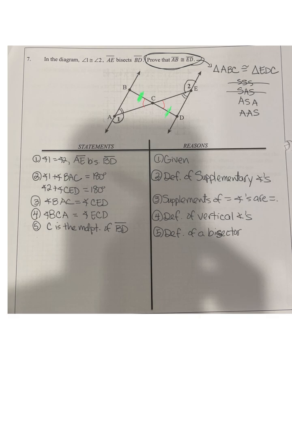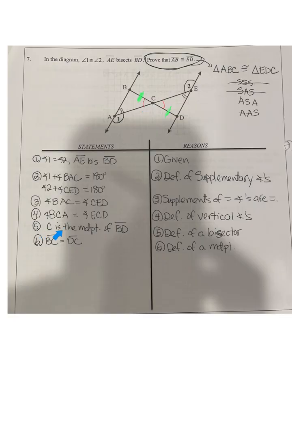All right, then on my next step down, I would say BC equals DC. And my reason would be definition of a midpoint. Definition of a midpoint. And I'm going to abbreviate that. Okay, so don't take notes yet, but just to show you. A bisector takes a line and cuts it in half, meaning C is in the middle.